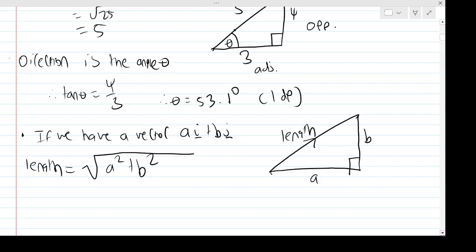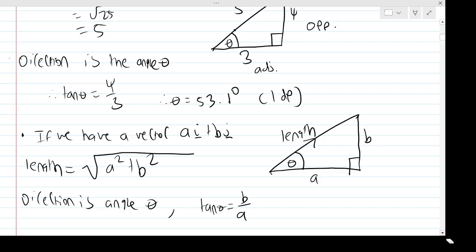And then the angle is going to be theta. That'll be the direction. You can find that by tan theta, which is the opposite over adjacent, b over a.